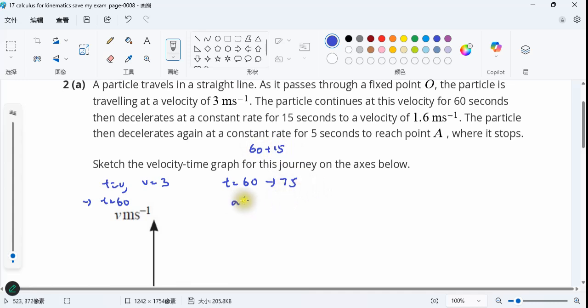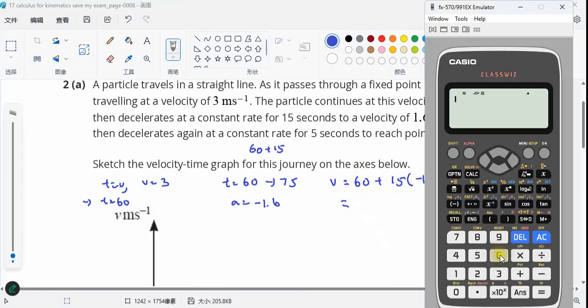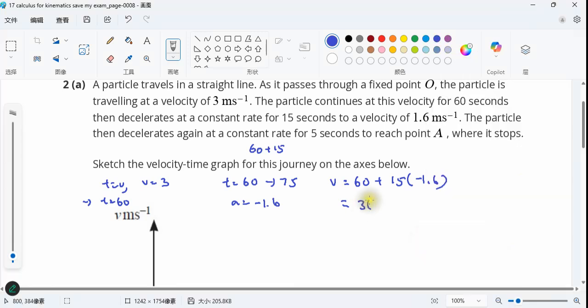The acceleration is negative 1.6. So the final velocity will be 3 plus 15 times negative 1.6. So 3 minus 15 times 1.6, then it's 1.6.